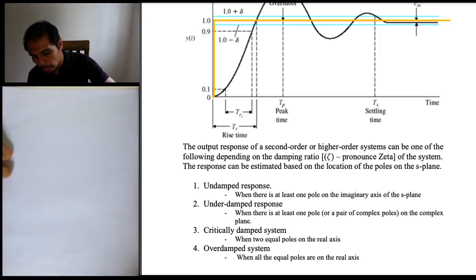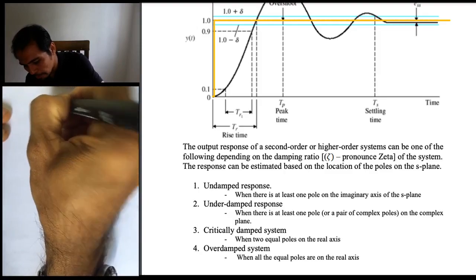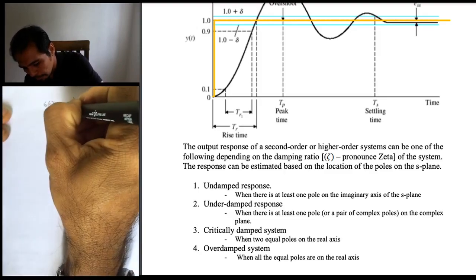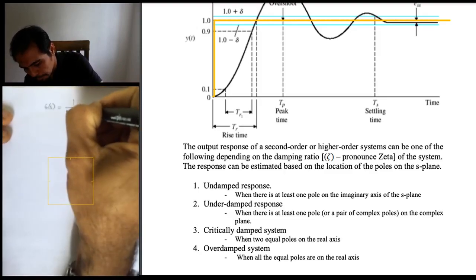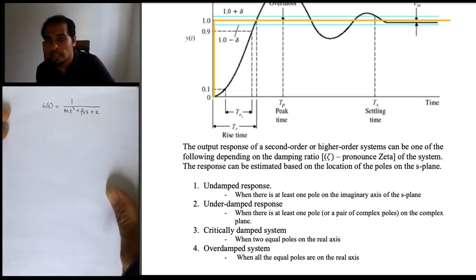Now, whatever transfer function we have, G of s, that is our transfer function, right?